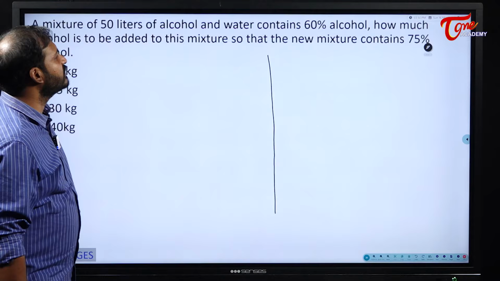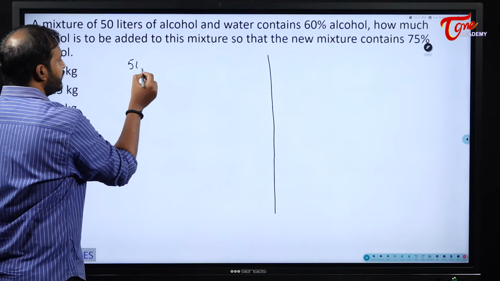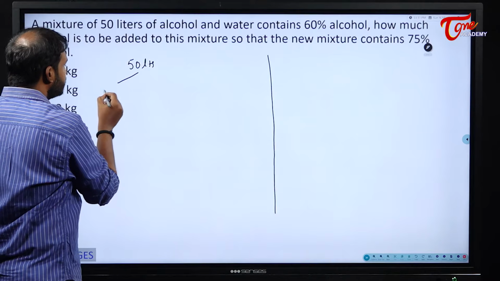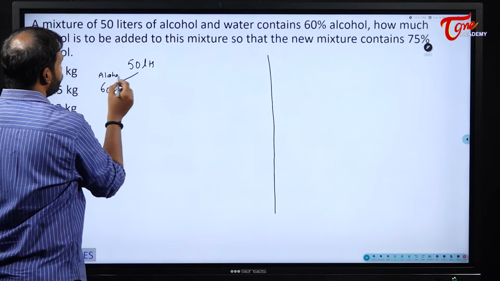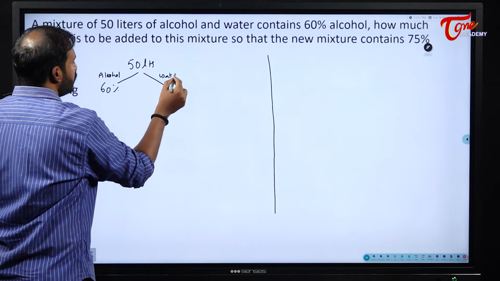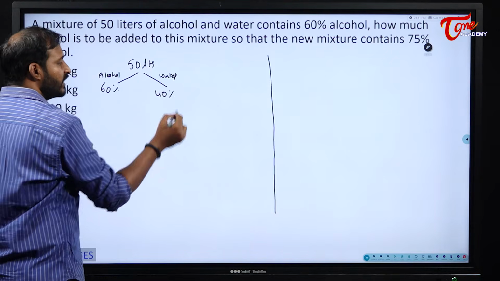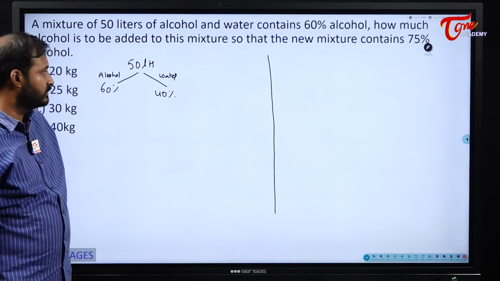Now, see here, 50 liters of alcohol and water contain 60% alcohol, right? So, 50 liters. In this, 60% is alcohol, which means what about water? Water will be 40%, right? Very simple. Why? Because it is a mixture of alcohol and water.